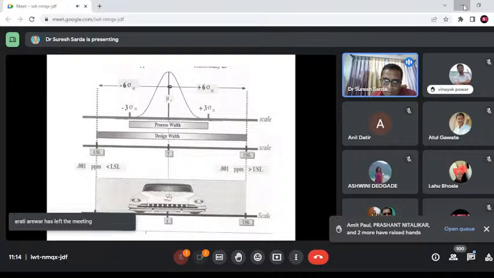Failure mode and effect analysis. I have told in brief that there are three terms: severity, occurrence, and detectability. You give 10 marks to each. So 10 by 10 by 10, that is 1000 points. And you have to work out your RPN, that is known as risk priority number.